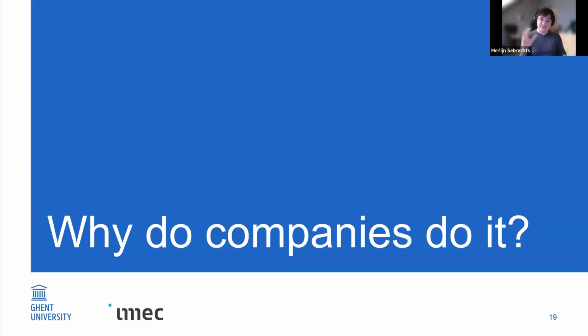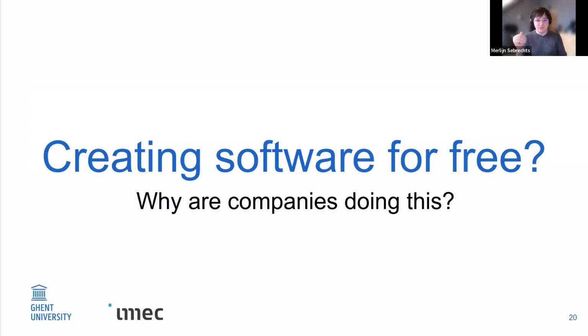So then the second question is, I'm a volunteer. I just create software in my free time, but there's also a lot of companies building open source software. In fact, most of the open source software is primarily built by companies. So why do companies actually do this? Why are companies creating software and then giving it away for free?